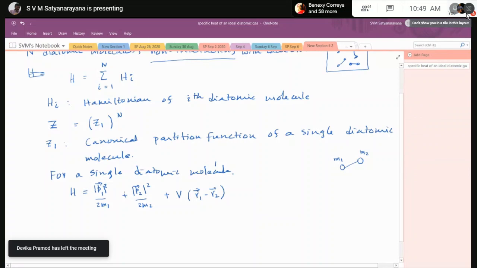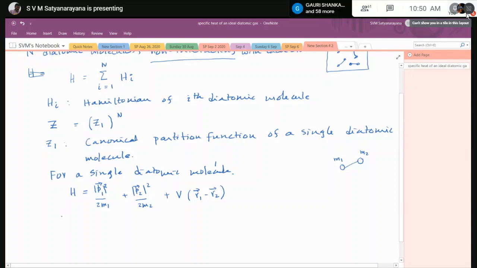Our aim is to find the specific heat, right? So, is there a simple way to find the specific heat without doing any calculation? Is there any simple way?